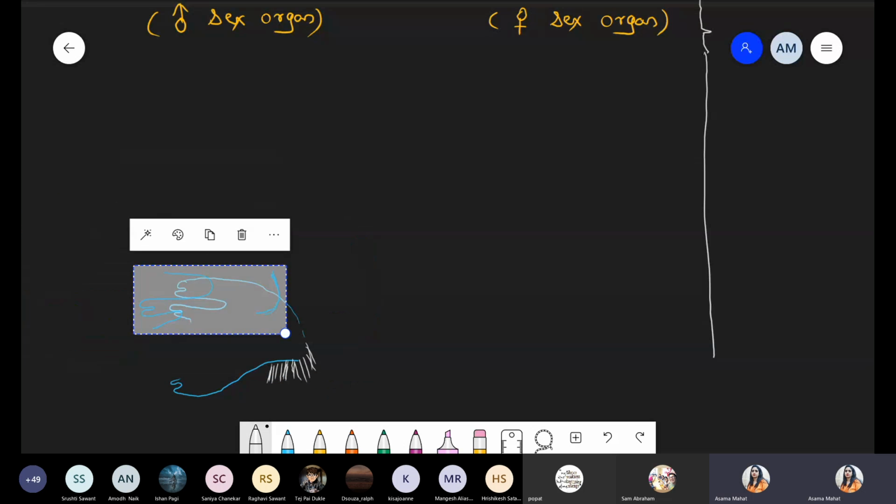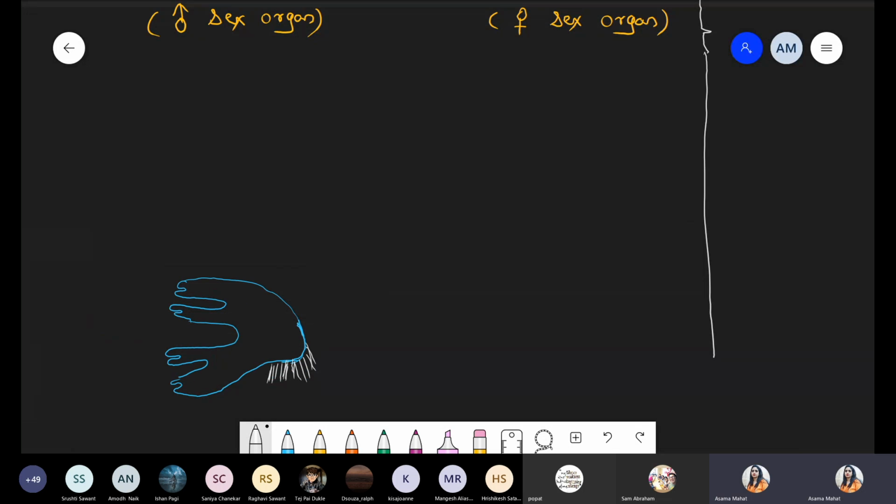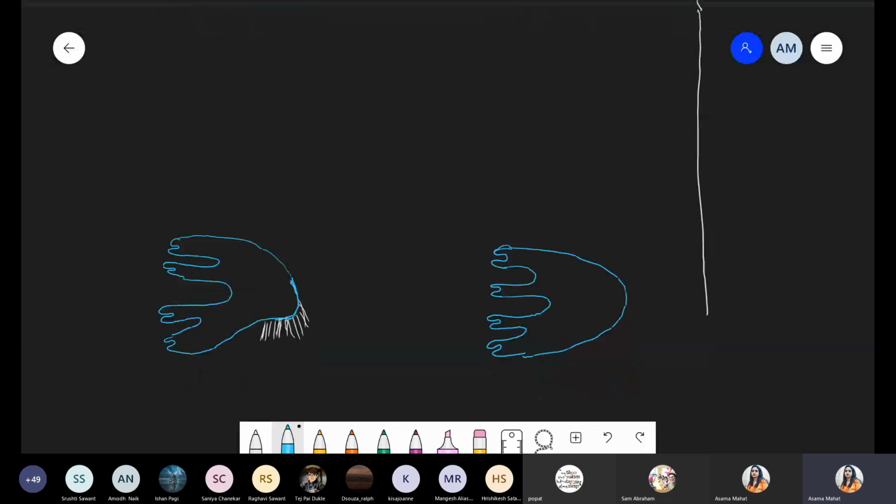I draw another same structure. Rhizoid-like structures at the base. Now we are talking about the sexual branch.